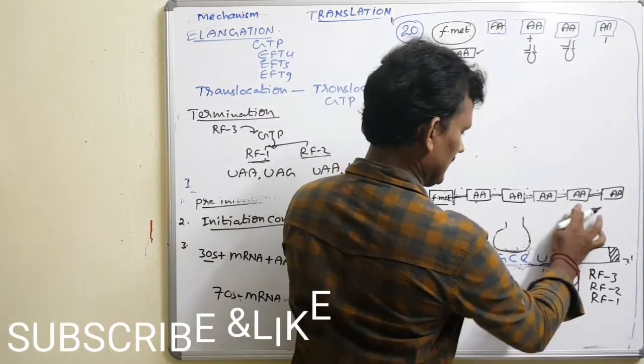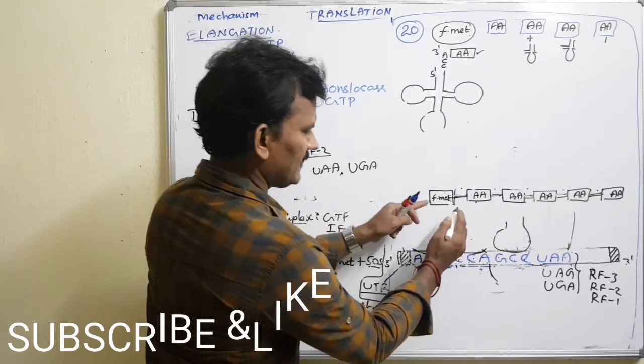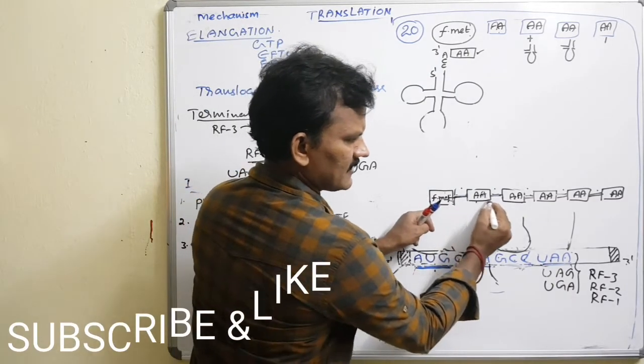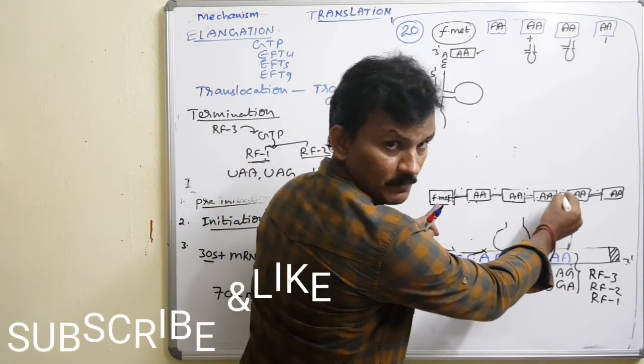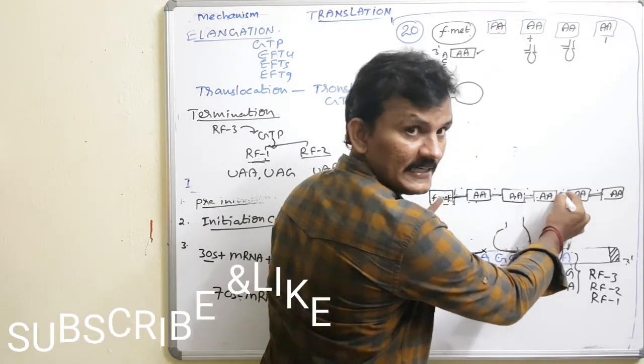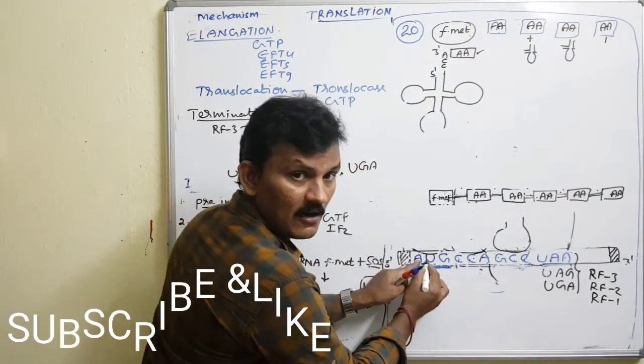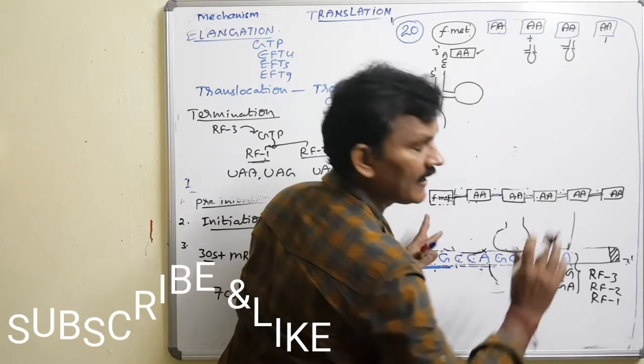This unit is ready. But what about the sequence of amino acids? The sequence of amino acids in the polypeptide chain is determined by the sequence of codons on the mRNA. Very important.